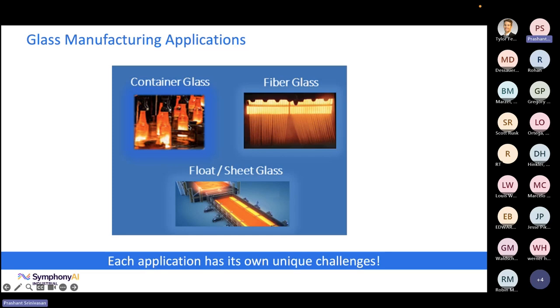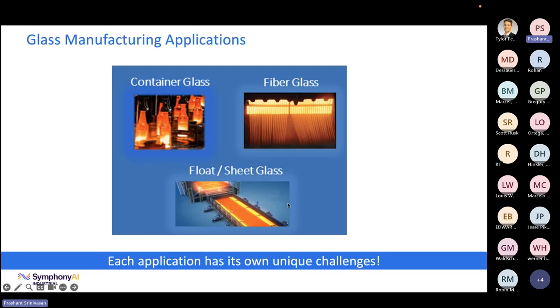And in container glass, of course, what we see is that this presence of seeds and other defects in the glass sometimes is not tolerated. And also, these type of furnaces also manufacture a different variety of products, and there are a lot of throughput changes that disturb the equilibrium in the furnace.